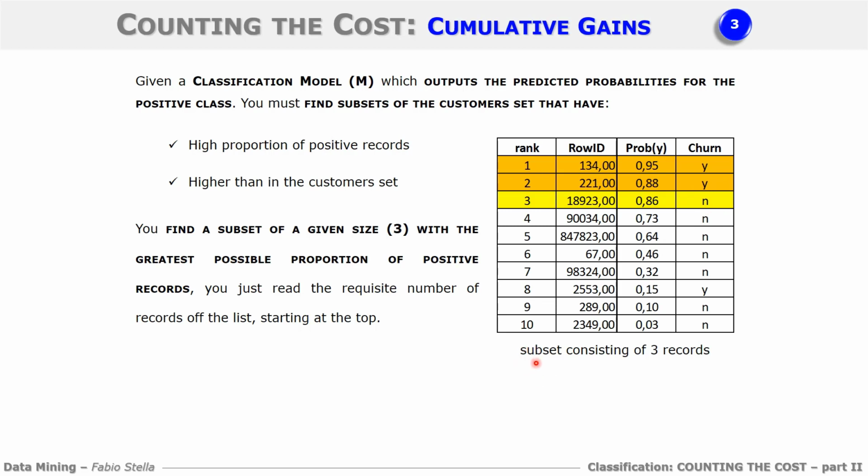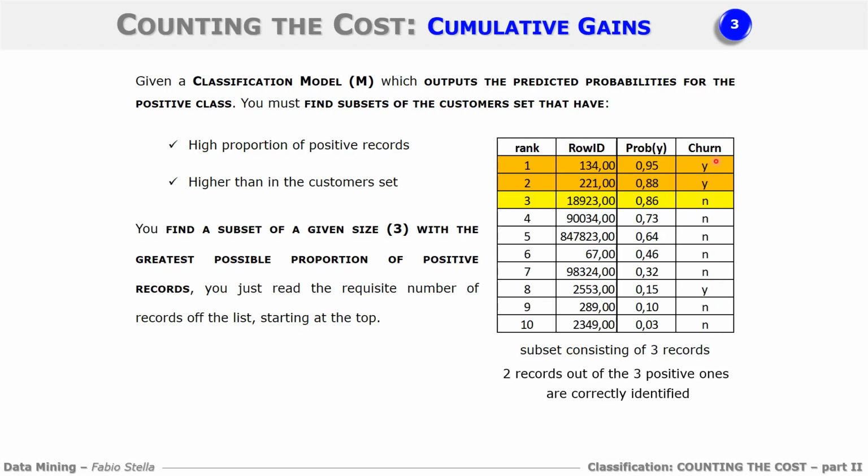Then, in the subset consisting of 3 records, the subset of potential churners, you are capable of correctly identifying 2 of the positive records out of 3, which are included in the customer set consisting of 10 customers.